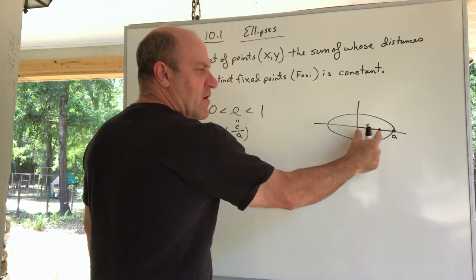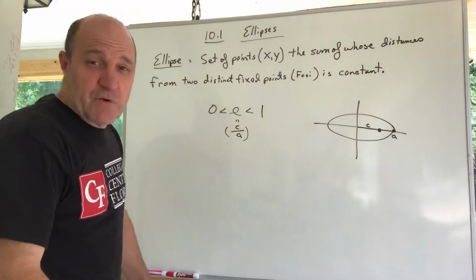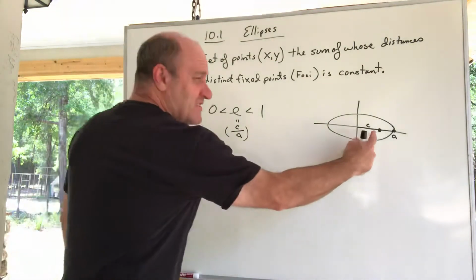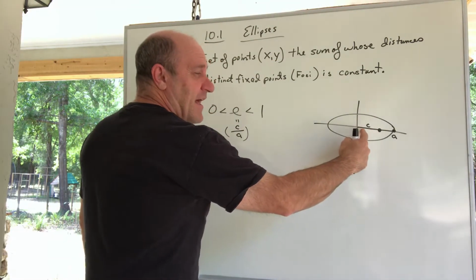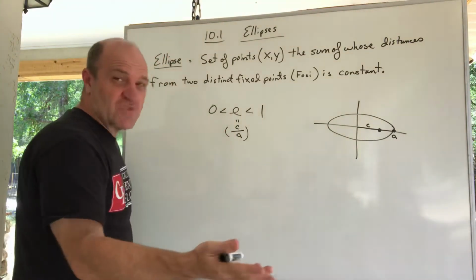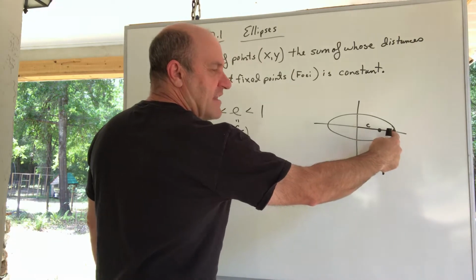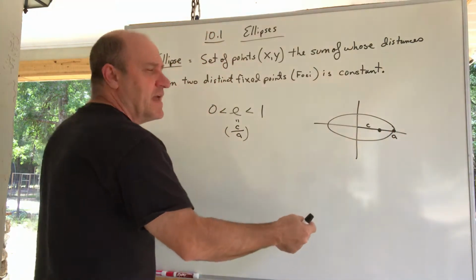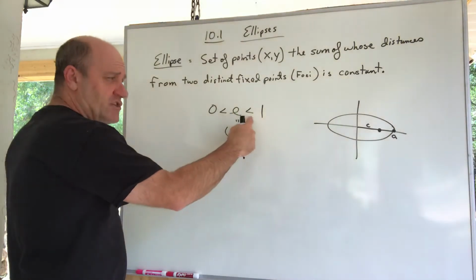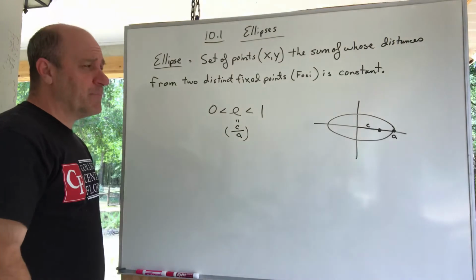So it's a ratio of c to a, a measurement of how elliptical it is. When c is closer to the center, that ratio is smaller, closer to 0, and it's more circular. When c is further out toward the vertex of the ellipse, then this ratio is closer to 1, and it's way more elongated, more elliptical.